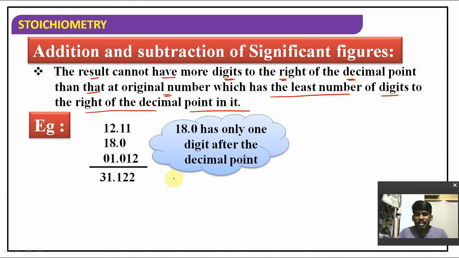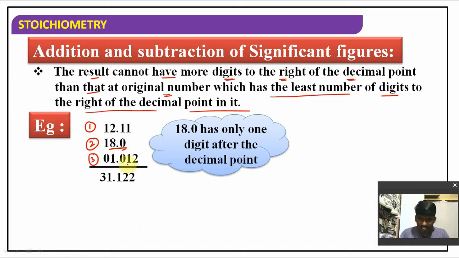So what does it mean? You are taking 3 numbers: 12.11, 18.0, and the third is 01.012. After the decimal, in those 3 numbers, which has the least number of digits? 18.0. That is only one digit. Yes, sir, only one digit is there after the decimal point.